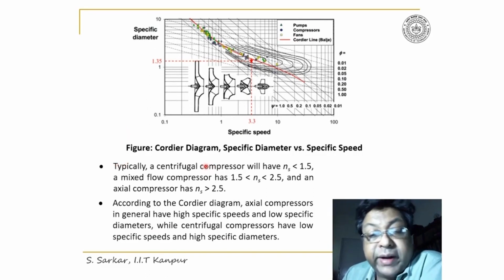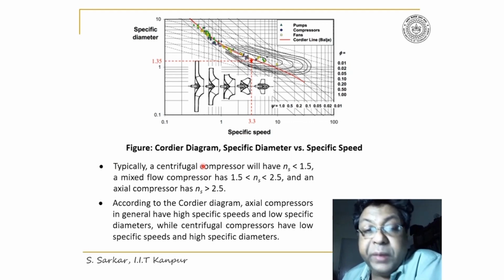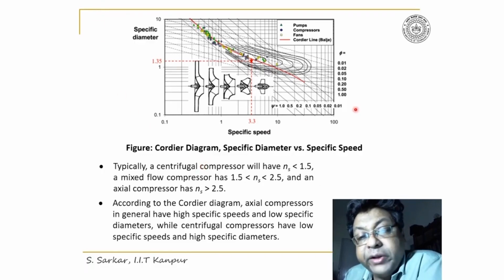Now the Cordier diagram represents the specific diameter versus specific speed. How has this Cordier diagram been created?